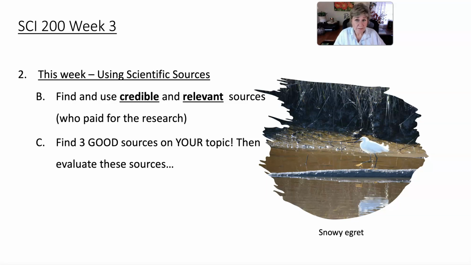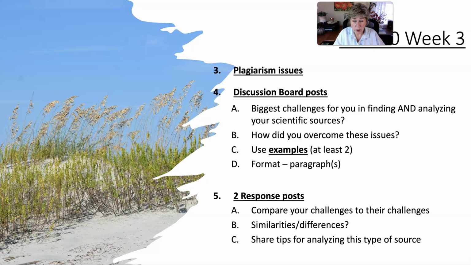And like I said, last week, don't just do a Google search. You will find a bazillion things out there, but so many of them are not scientific. So the Shapiro Library is good, PubMed is excellent, and Google Scholar is excellent. They all 3 will give you scientific journal articles. Then you're going to evaluate these, and these are part of your textbook work.